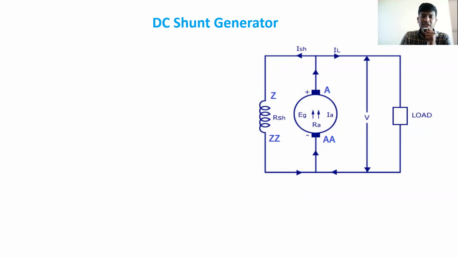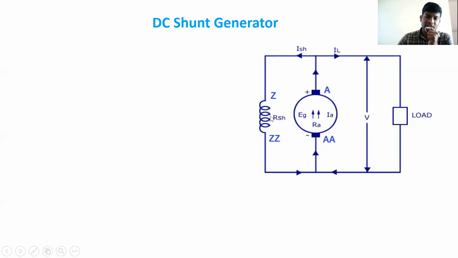Here the field winding is Z and ZZ, and the armature is A and AA. The armature terminals are connected in parallel to the field winding Z and ZZ. That's why this generator is called a shunt generator.